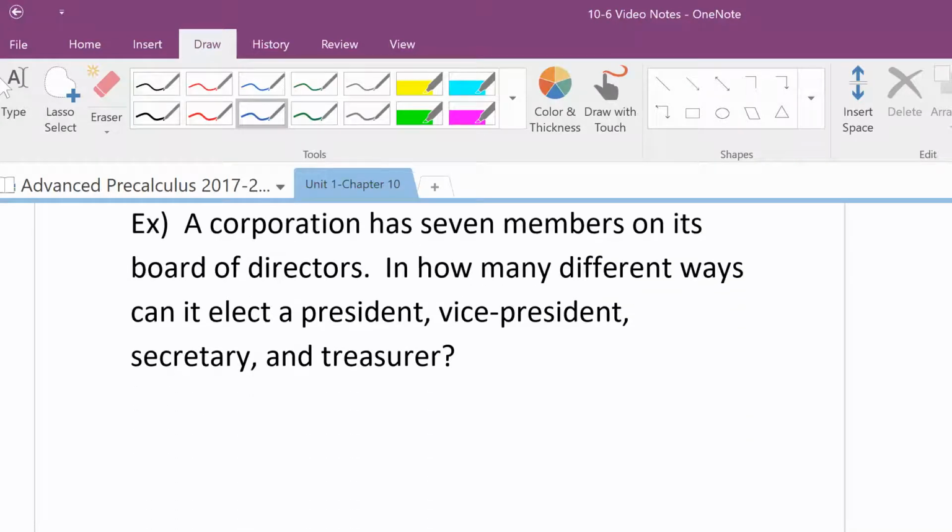So if a corporation has 7 members on its board of directors, how many different ways can it elect a president, vice president, secretary, and treasurer? Notice these are all unique offices. It matters if you're treasurer as opposed to president. They hold different titles. So the order matters. It's a permutation. So in this case, you have 7 members, and you're picking 4 at a time.